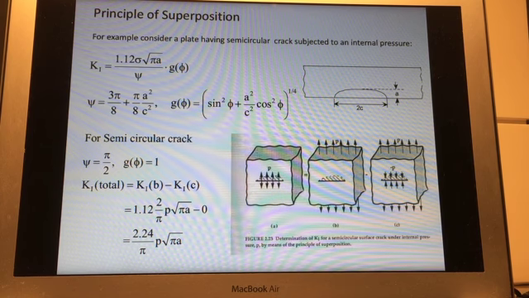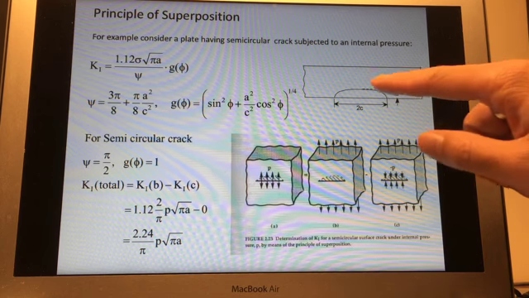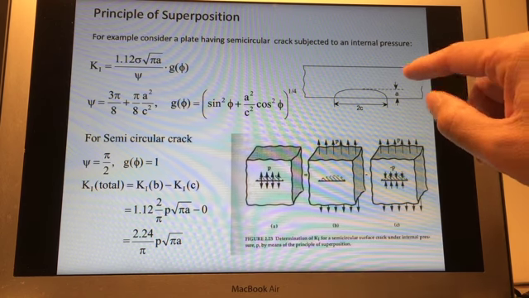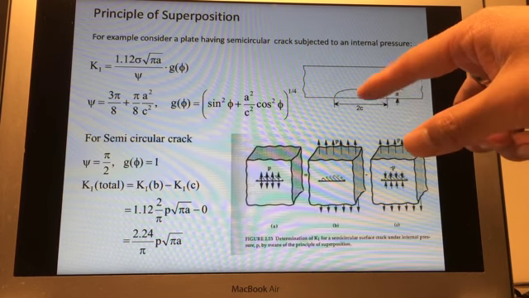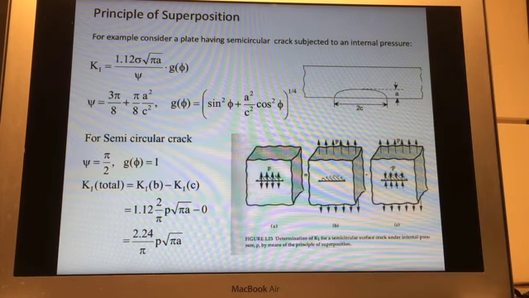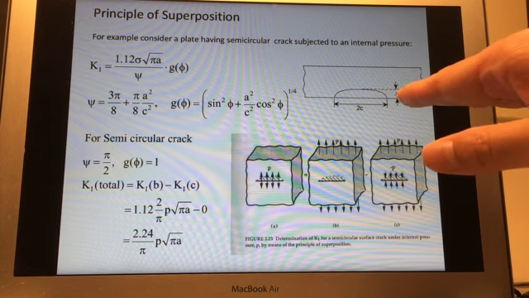Let's consider a plate having a semicircular crack subjected to an internal pressure. This is a thin plate. Think about this like a gas tank, or like in our lab there's a nitrogen cylinder, right?